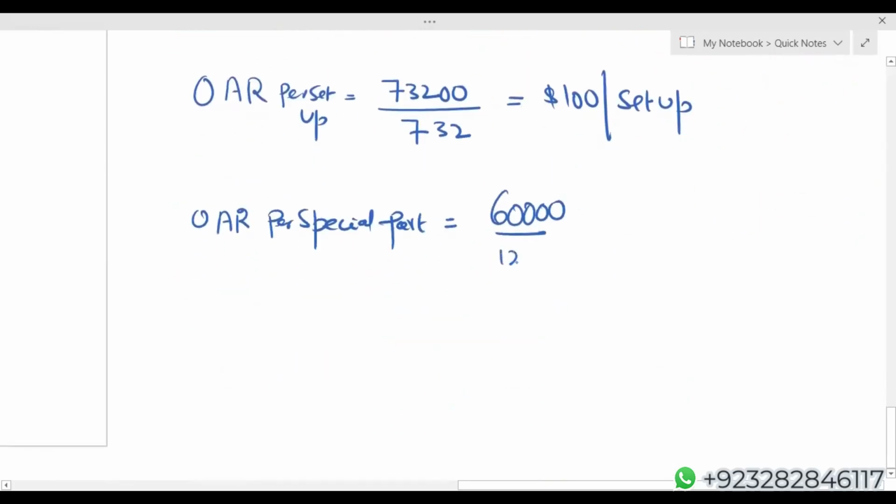So 60,000 divided by 120 means we will get $0.5. And logically, this $0.5 is per part. So you can write $0.5 per part.